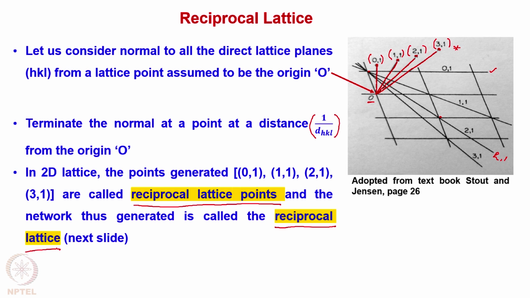So these lattice planes are converted to lattice points in reciprocal space, and that is why they are called reciprocal lattice points. And if we construct the same in three dimensions, it will generate a 3D network, which will be called the reciprocal lattice.